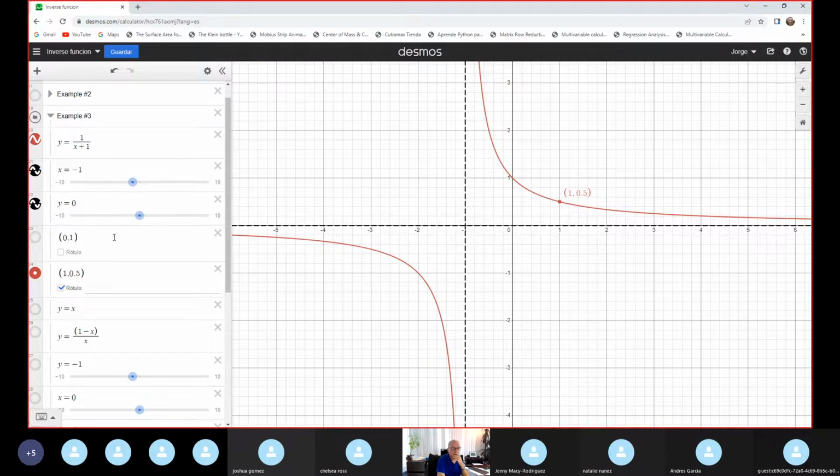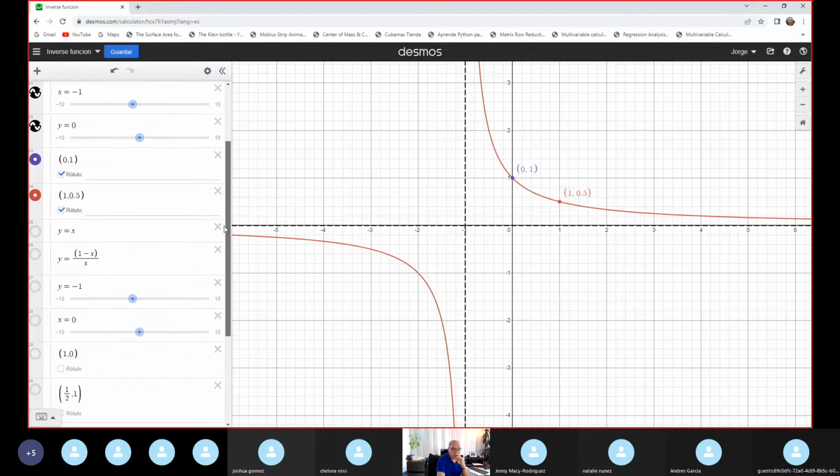I copy, let me see, 0,1. Oh yeah, 0,1 represents the y-intercept for this function. So it's easy. You plug in 0, you replace x for 0, and 0 plus 1 is 1, 1 divided by 1 is 1. This is the y-intercept.